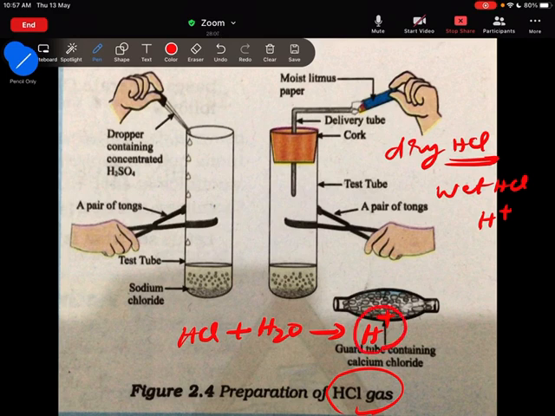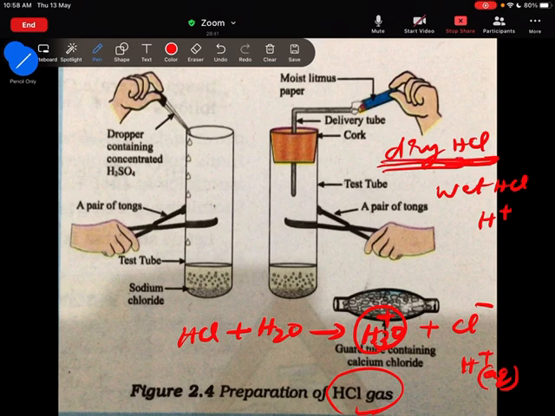This H plus formed will combine with water molecules to form H3O plus. So you have to write it as H3O plus Cl minus, or you can write H plus aqueous. H plus cannot exist on its own, so it always combines with H2O to form H3O plus, called hydronium ion. So my point is, dry HCl cannot show the property of acid.